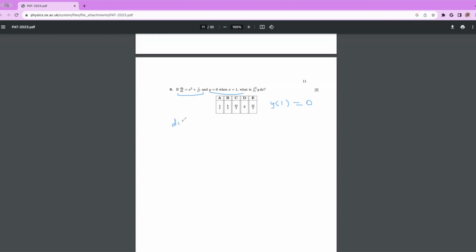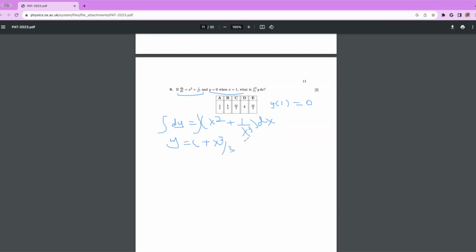So if we rearrange this differential equation, we get that dy is equal to (x squared plus 1) over x cubed dx, which means if we integrate both sides, we'll get that y is equal to some constant c plus x cubed over 3.